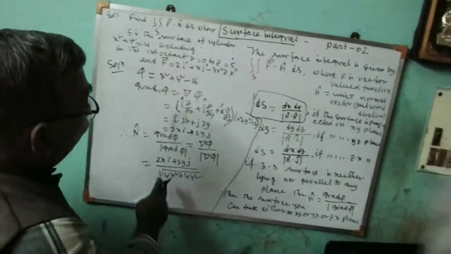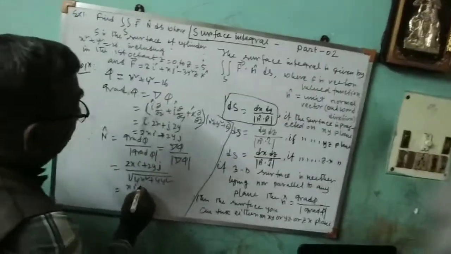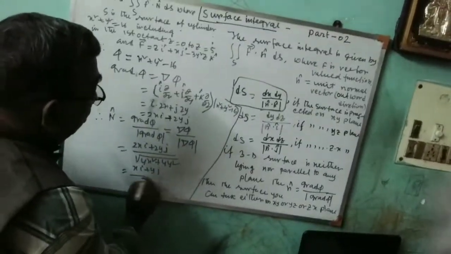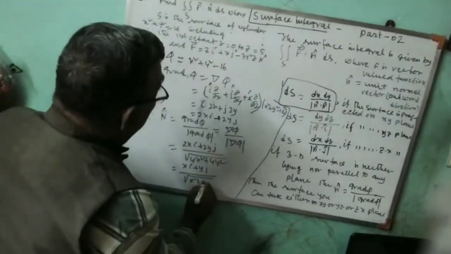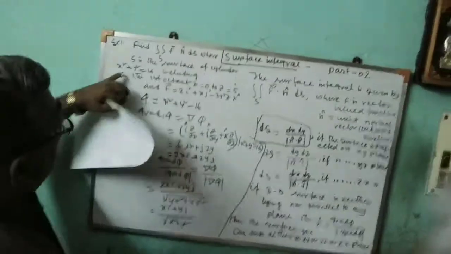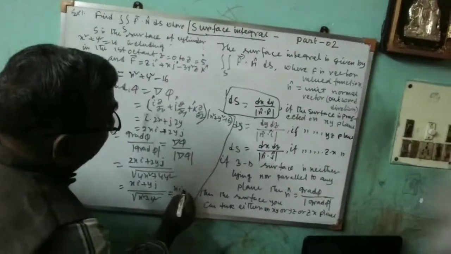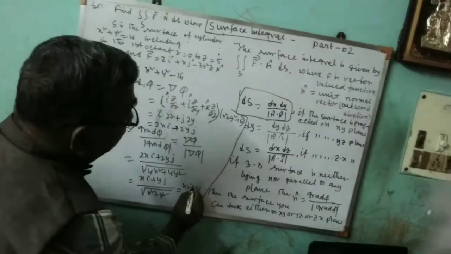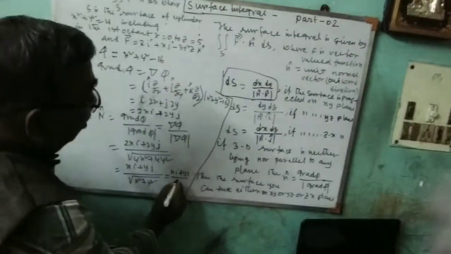If we take 4 common, it cancels, and the numerator will be xi plus yj by root over x square plus y square. So x square plus y square is equal to 16, then it will come xi plus yj by 4. If we put 16 over here, it comes 4.